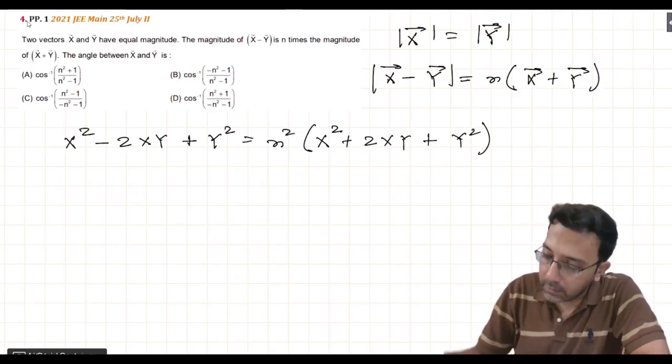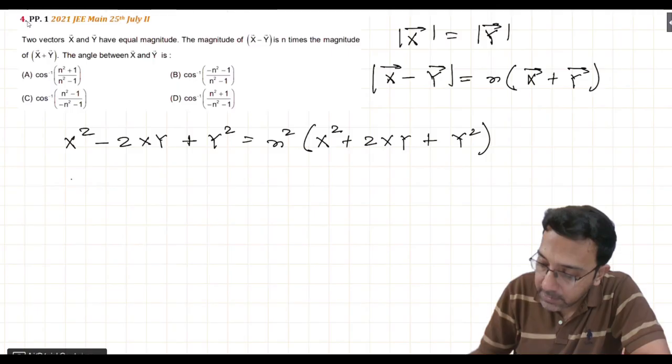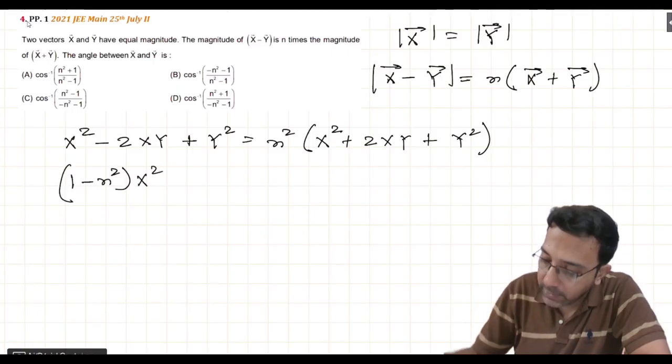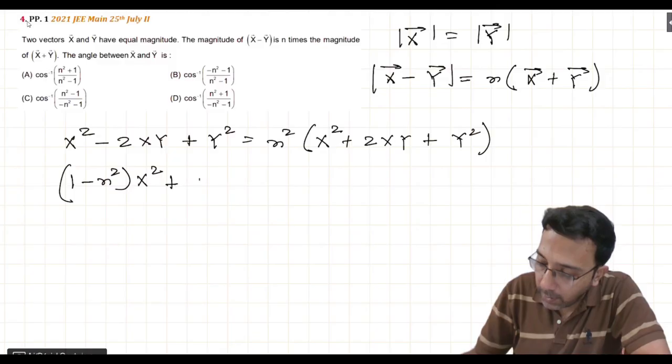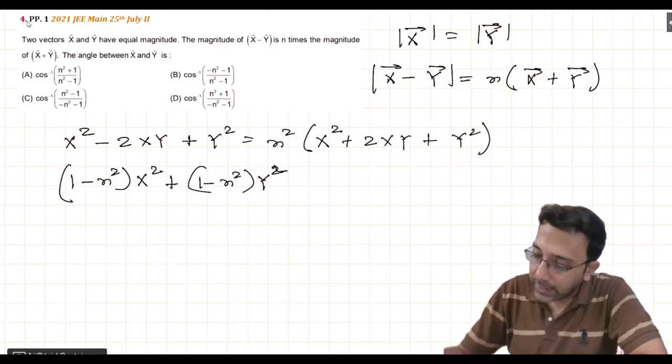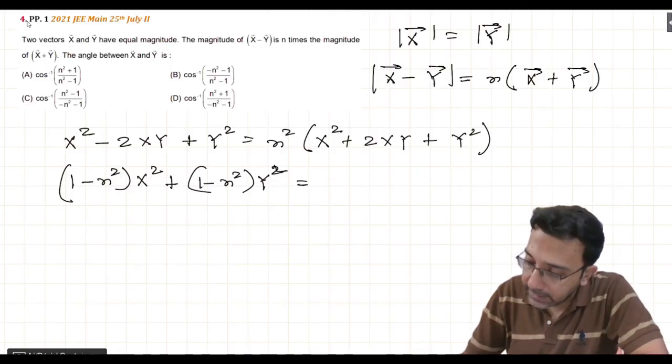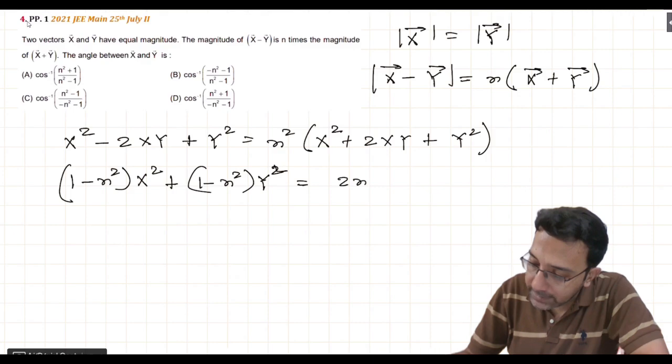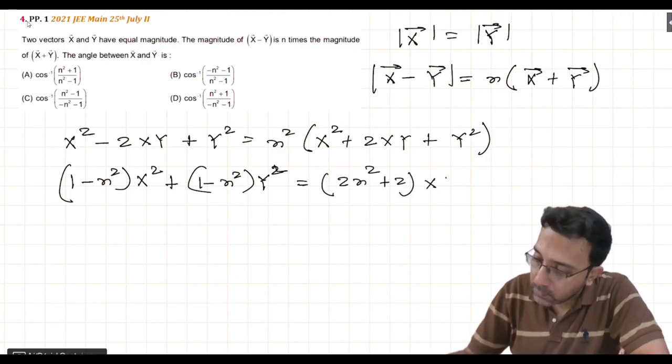Now if I take n square on the other side, this becomes 1 minus n square into x square plus 1 minus n square into y square, and on this side it is 2n square plus 2xy.